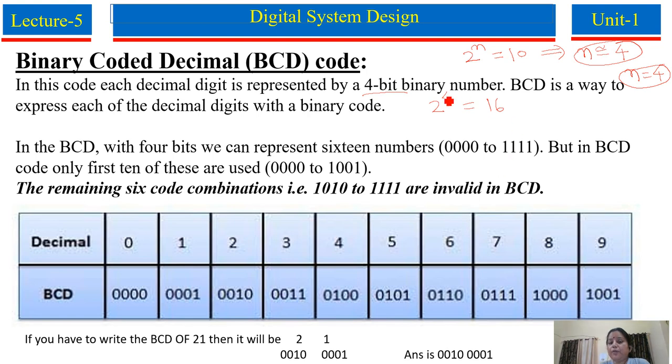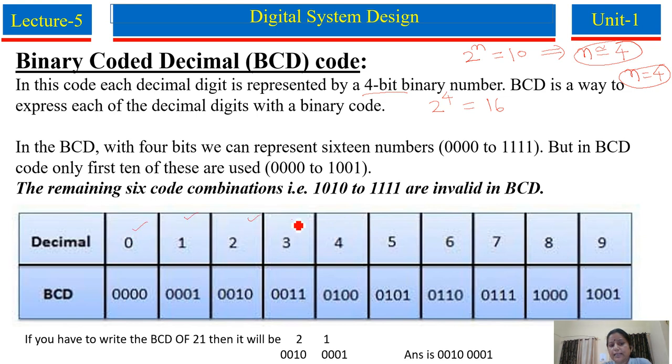But with 4 bits, the possible combinations are 16, while BCD is the representation of decimal 0 to 9 only, which means only 10 combinations. So always remember, in BCD 0 to 9 are the valid BCD and 10 to 15 are the invalid BCD. Let me make it clear again. Total possible combinations are 16, but out of these 16 you require only 10.